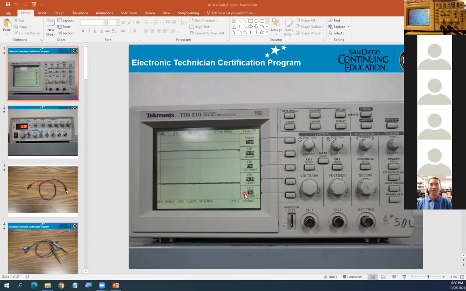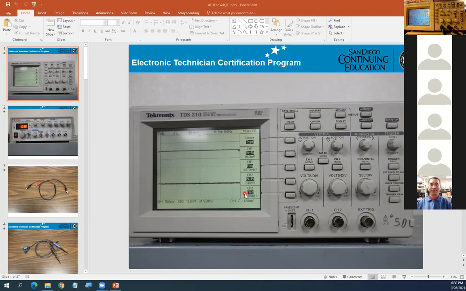We're not talking about the math functions of the oscilloscope, but about when we need both channels. The first answer is when you want to measure the phase difference between two signals, then you must use channel 1 and channel 2.